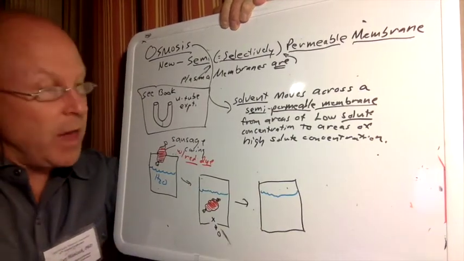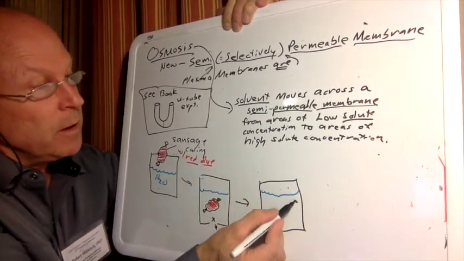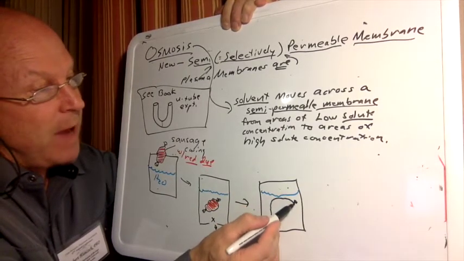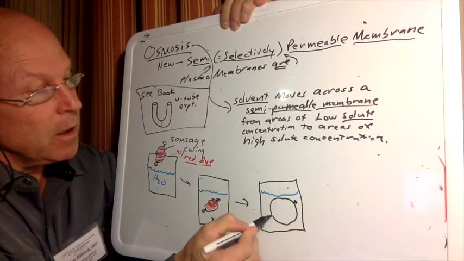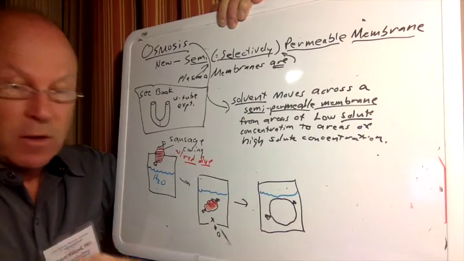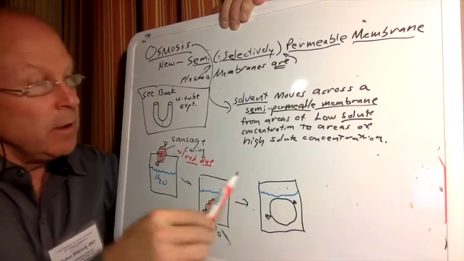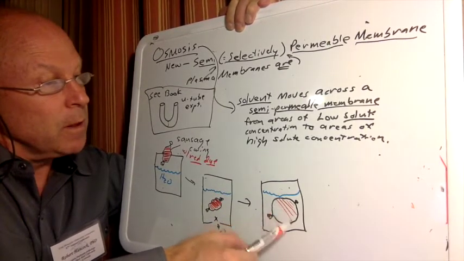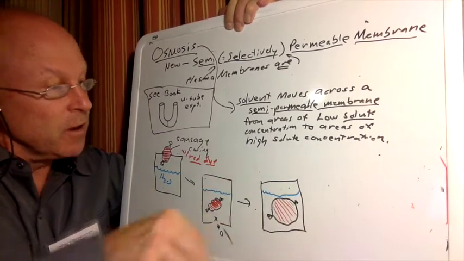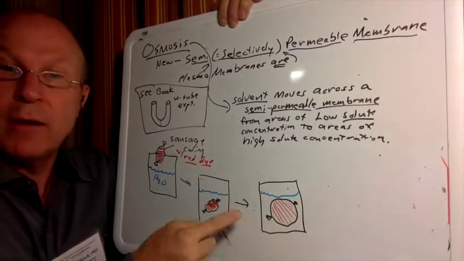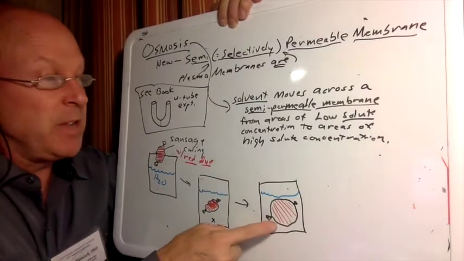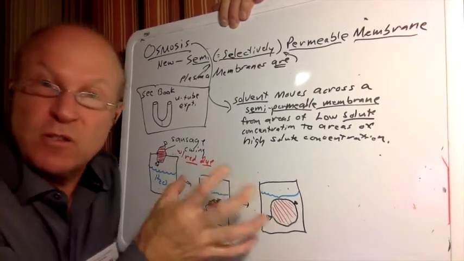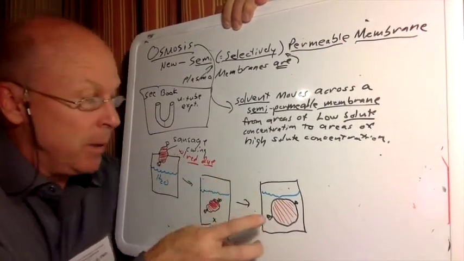There's a little bit of flex in our sausage casing, and that thing is going to be stretched out to the max, and the red is going to be, of course, less intense because H2O rushed into that. Do you see what's happened there? Now there's a limitation. This is an equilibrium here. No more water can get there because this thing is as stretched as it possibly can be.